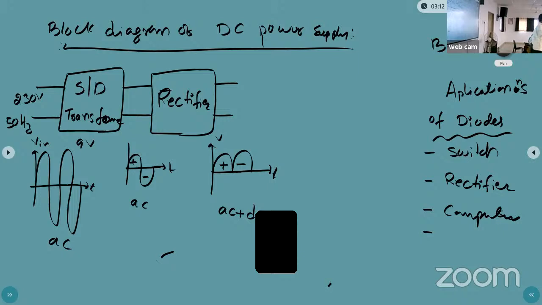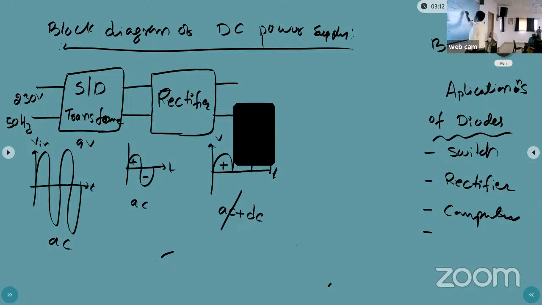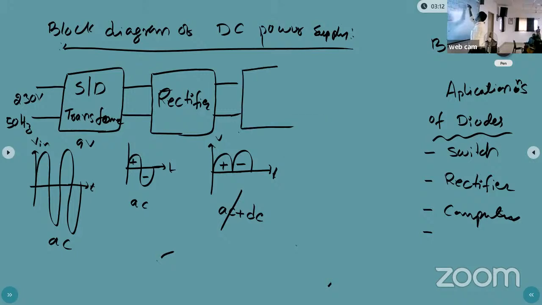We are using adapters, and the adapter output voltage is a DC supply, not AC. If you connect this rectifier output directly to your mobile phone, the mobile phone will get damaged, or any other electronic device will get damaged. We need to remove this AC part. To remove the AC part, we are using filters.